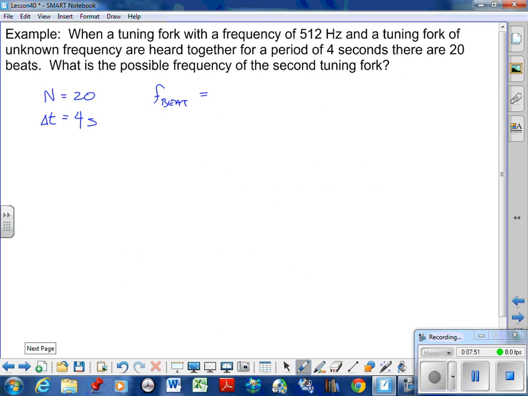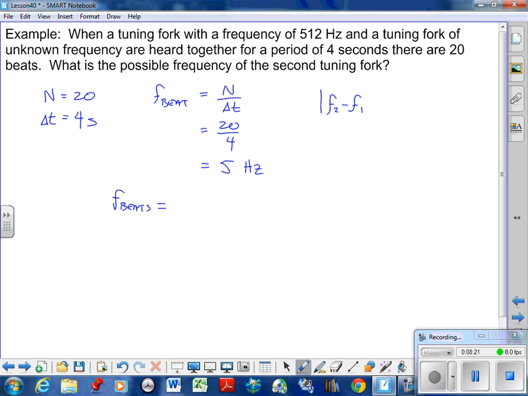And that is your N over delta T. So 20 over 4, and that's equal to a value of 5. So 5 hertz. Okay. So because the beat frequency is 5 hertz, that means that your frequency of beats is equal to... maybe I better clarify this as well.